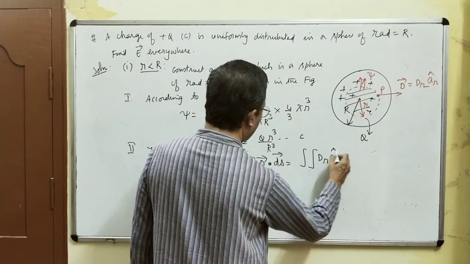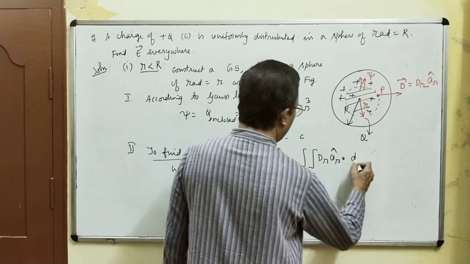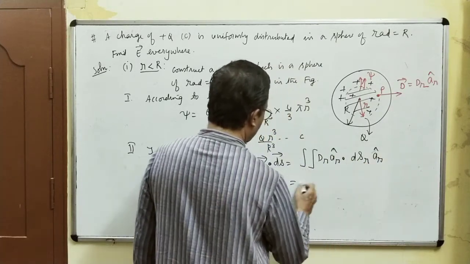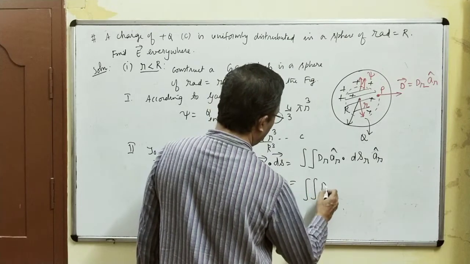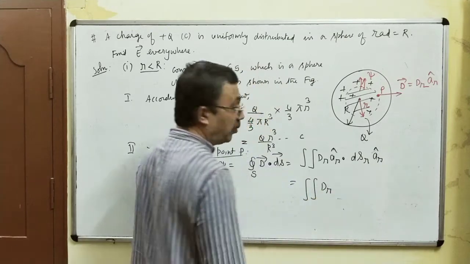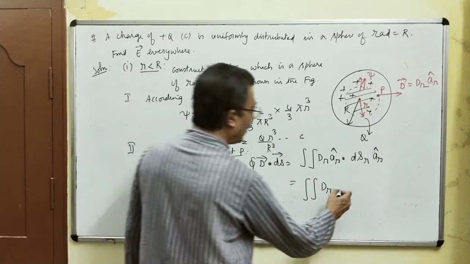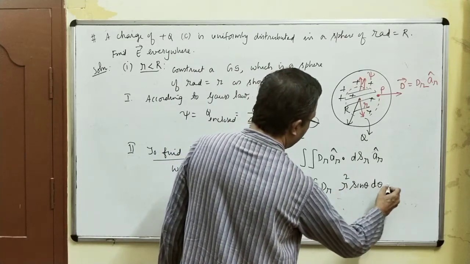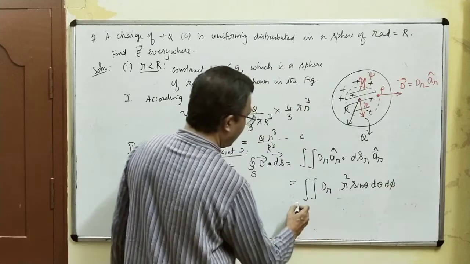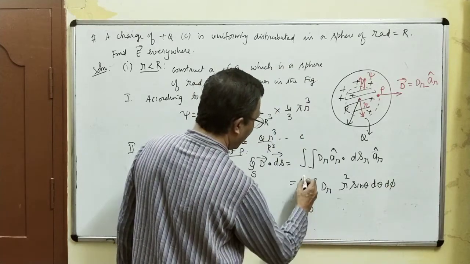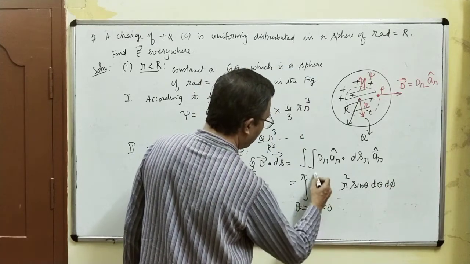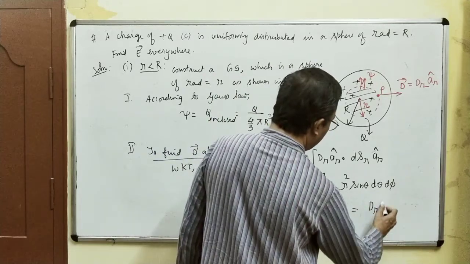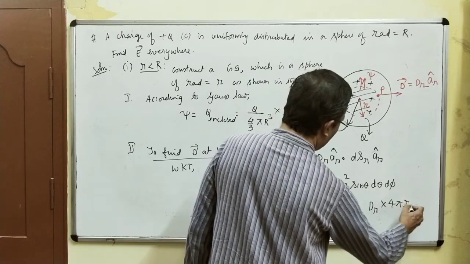Dr into a_r cap dot dS_r into a_r cap equals double integral Dr a_r cap dot a_r cap is 1. What is dS_r? It is r square sin theta d theta d phi. Theta varies from 0 to pi, phi varies from 0 to 2 pi. If you perform this integration, you get the result Dr into 4 pi r square.